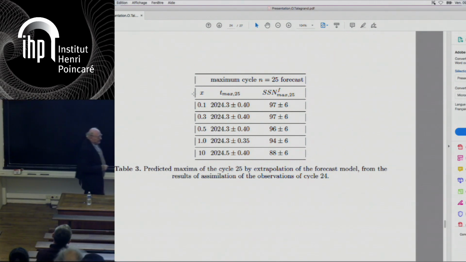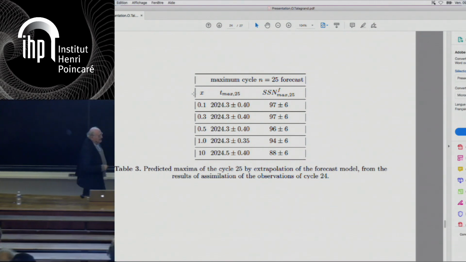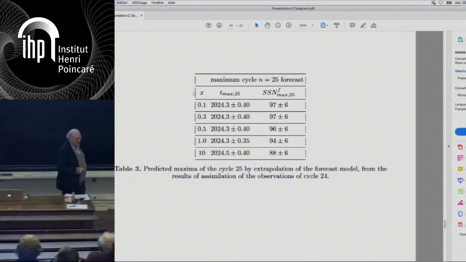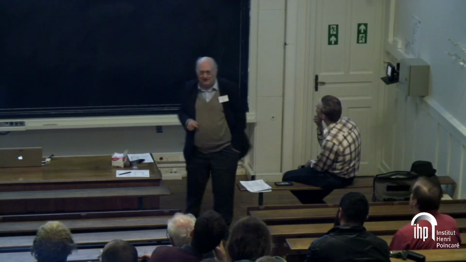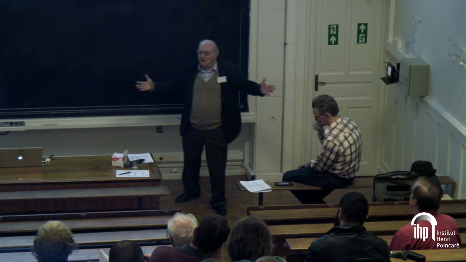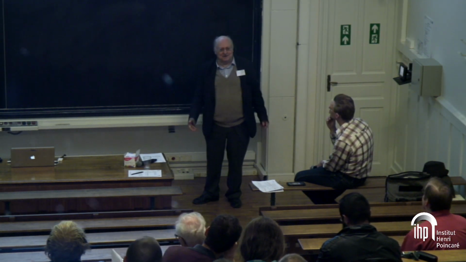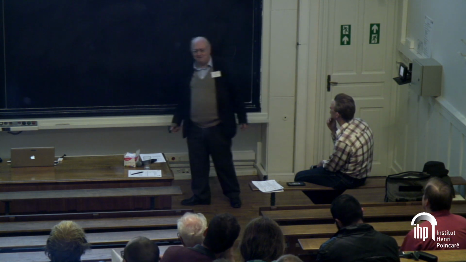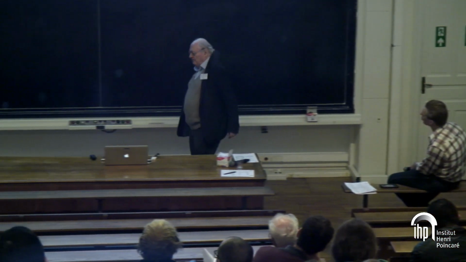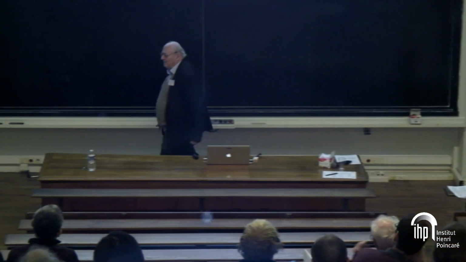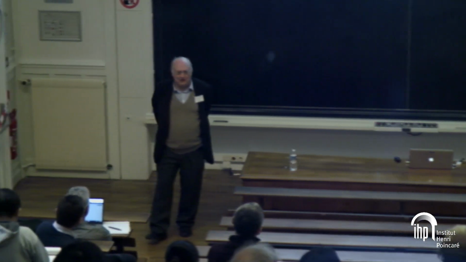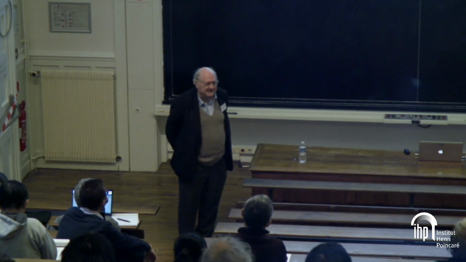This has been done in response to a call by NASA and NOAA, which called everyone who wanted to submit their forecast to submit it, and a number of forecasts have been submitted and compared. Almost all of them predict, like in this experiment, a weak cycle.